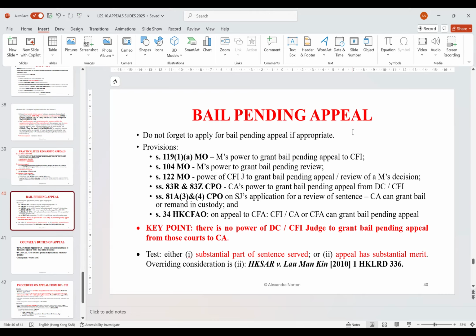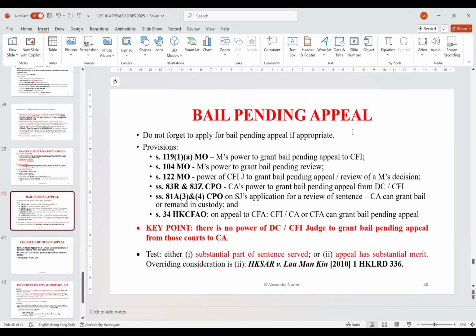So the test to get bail pending appeal is much higher. There is no presumption of entitlement to bail. The defendant needs to establish either that a substantial part of his sentence would have been served by the time of the appeal. Why? Because it's very short in nature, or that the appeal has substantial merit. And the test is in Lau Man Kin.